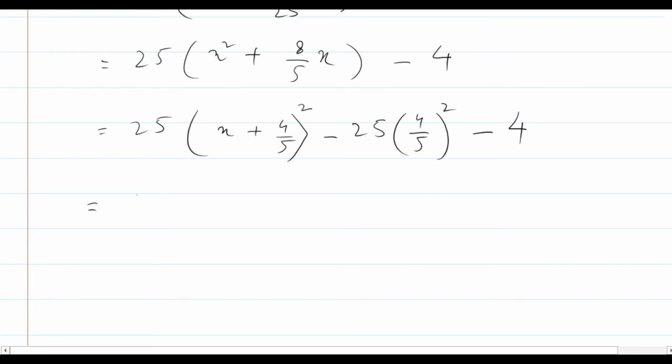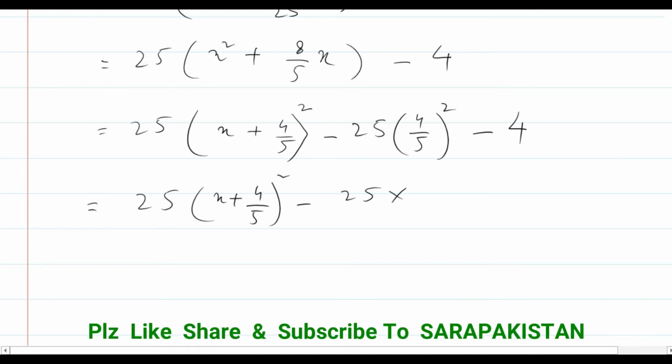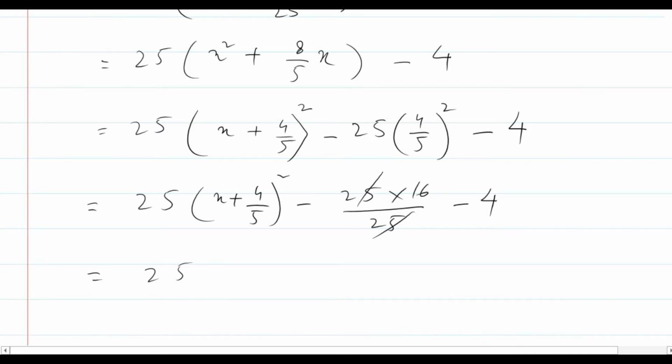This is 25 x plus 4 over 5 whole square minus 25 times 16 over 25 minus 4, and this is 25 x plus 4 over 5 whole square minus 20.